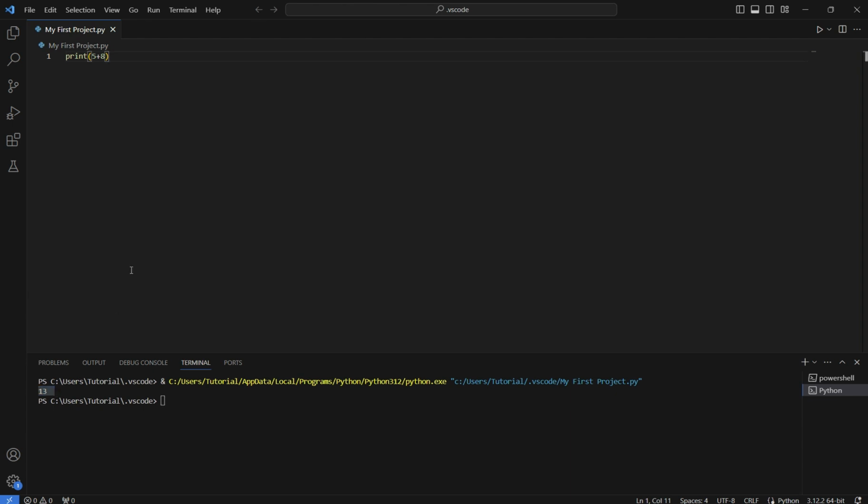Before we move forward, I would also like to note that all of these operators will also work with variables, as long as their values are either ints or floats.